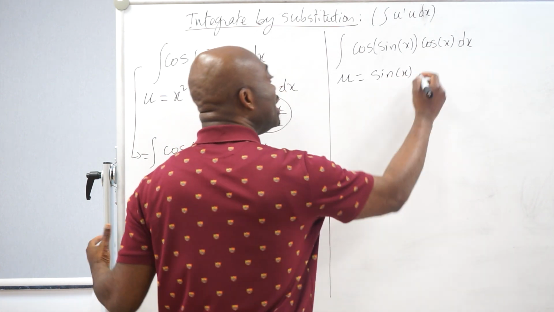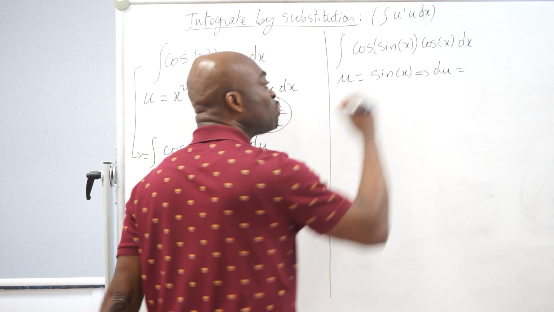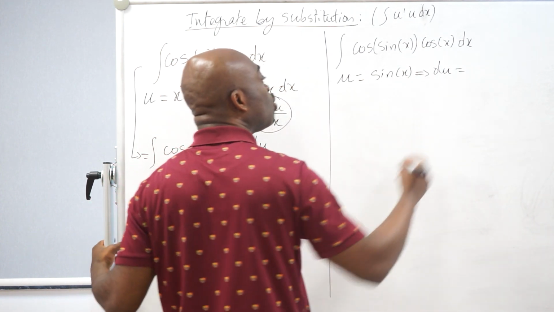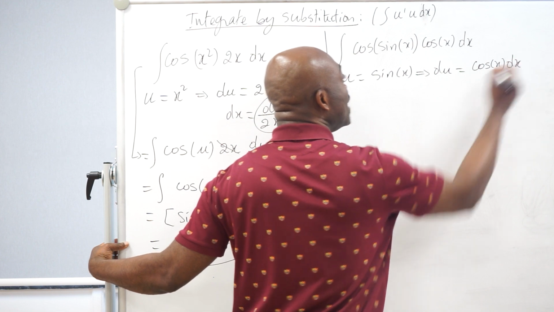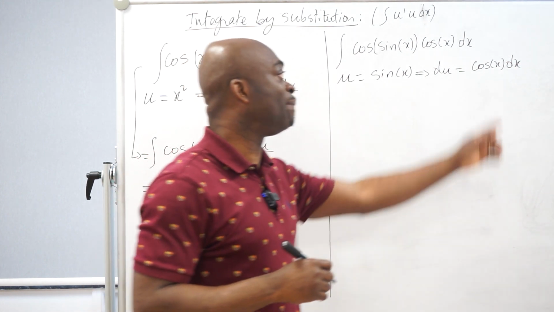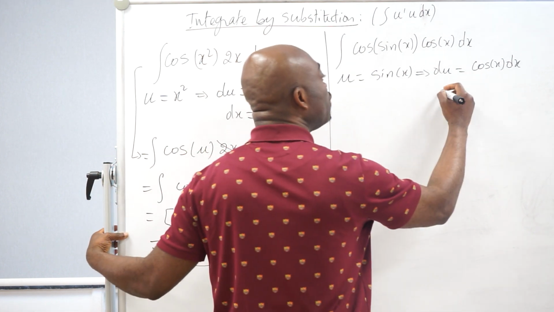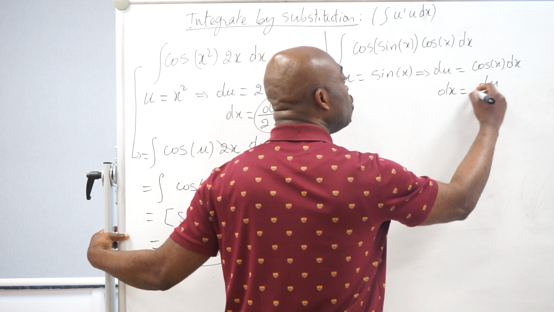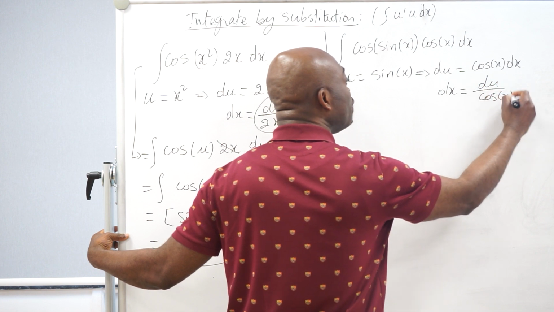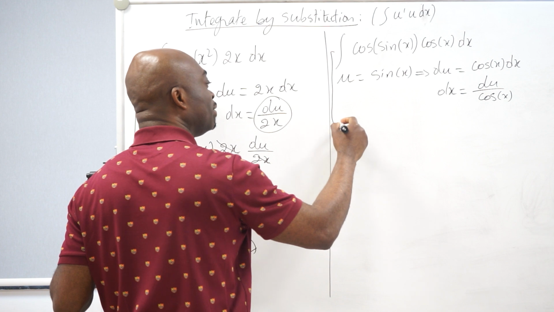Then to find the du, that will give us the derivative of sine x, which is cosine of x, then dx. Never forget about writing the dx. Because we're looking for dx, dx is going to give us du over cosine of x. Then again, we come back here.